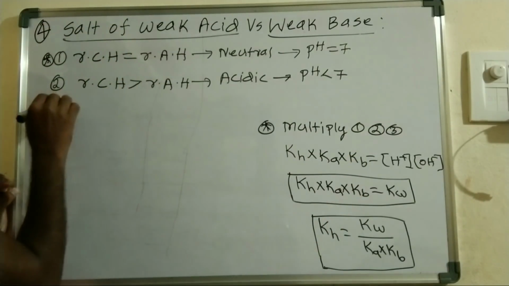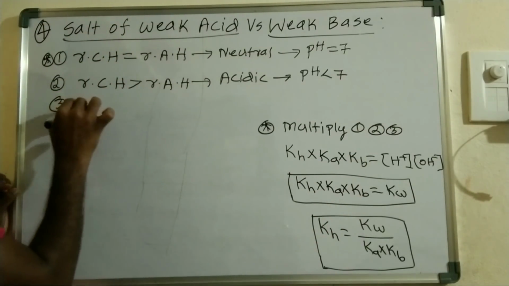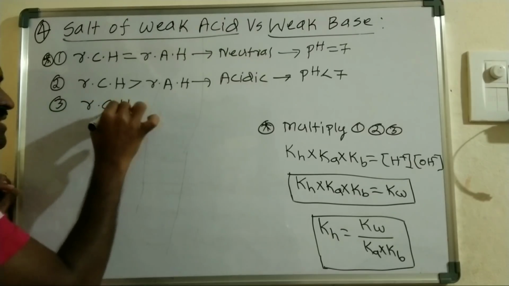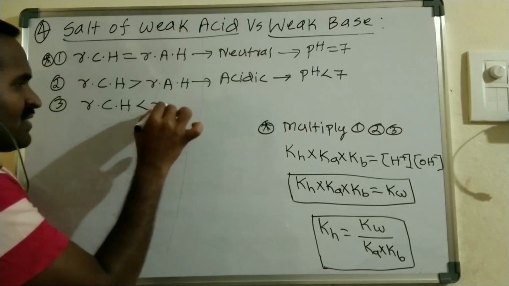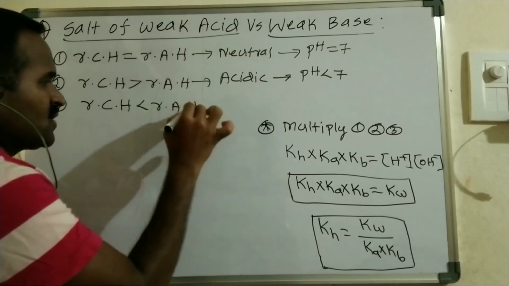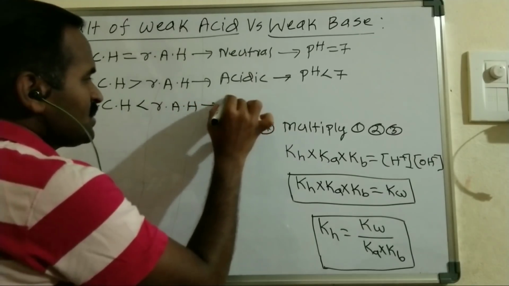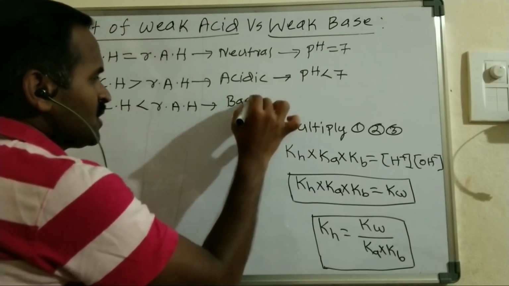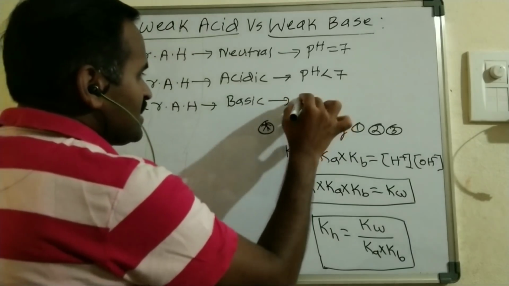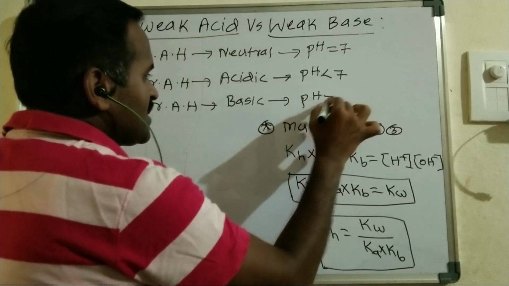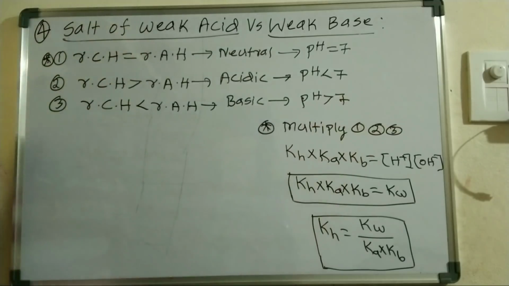Whereas the third type is when the rate of cationic hydrolysis is less than the rate of anionic hydrolysis. Then the solution is basic in nature, and its pH value is always greater than 7, right? So here 3 possibilities are there based on the rate of cationic hydrolysis and the rate of anionic hydrolysis.